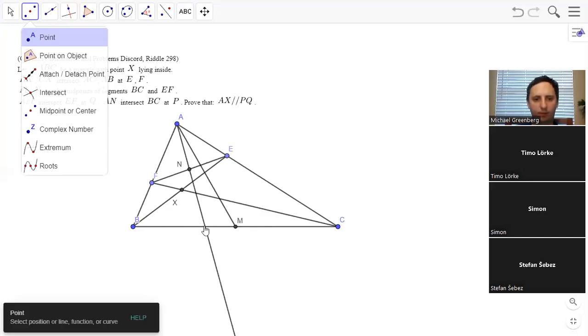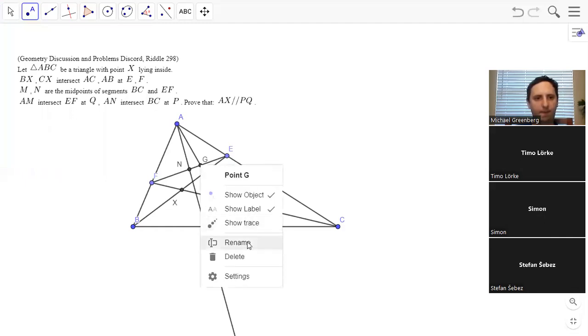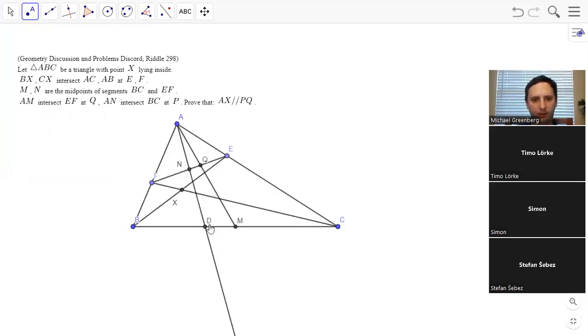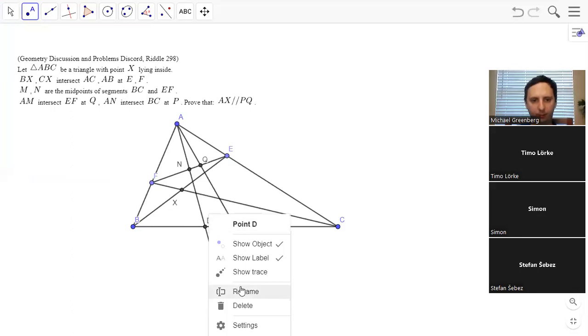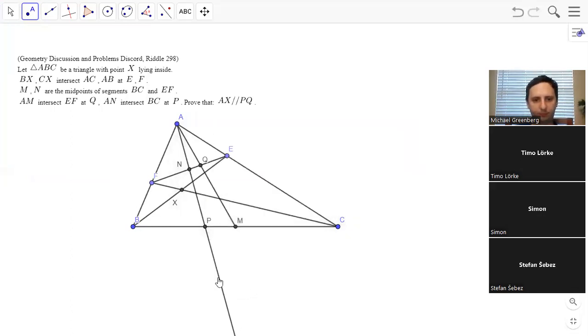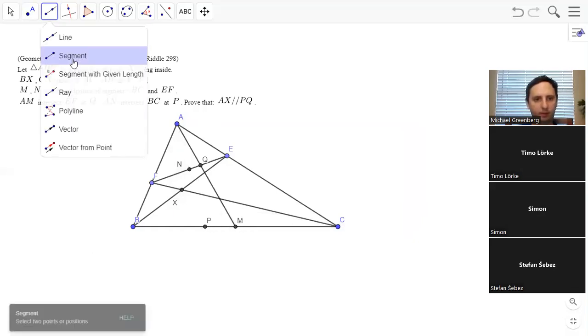So AEF almost looks isosceles, so I'm going to try to fix that. So this should be Q, and this should be P. And we want to show AX is parallel to PQ. All right, let's make it look a little better.